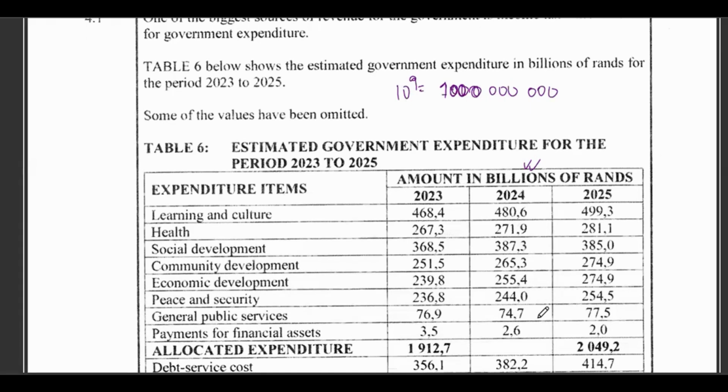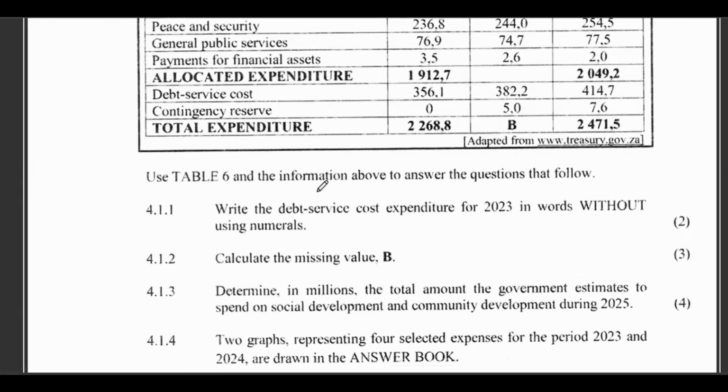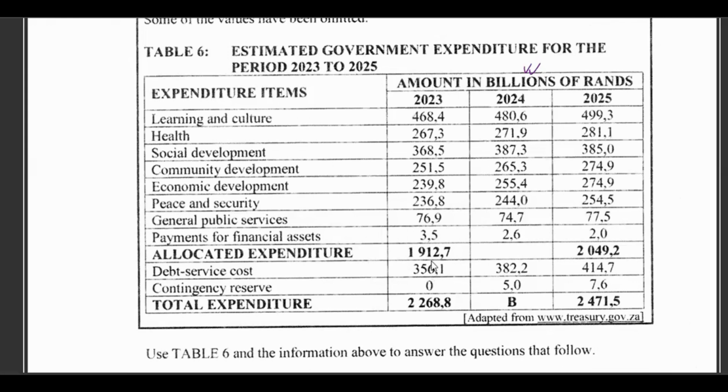Anyway, now they want us to write the words, but take note, this is for the debt service cost expenditure in 2023. Debt in 2023, it's this much. But this number here, you have to turn it into figures so that you know what you're dealing with. How do we turn it into figures? You get that number, multiply by 10 to the power 9, and the answer becomes 3, 5, 6, 1. Of the zeros, one of them has to go.